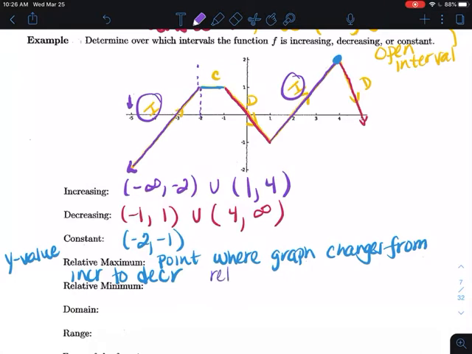Sorry, the relative max is the y value, so let me change that. The location is at x equals 4. The y value that associates with this point here is y equals 2. So the relative max is actually 2, located at x equals 4.